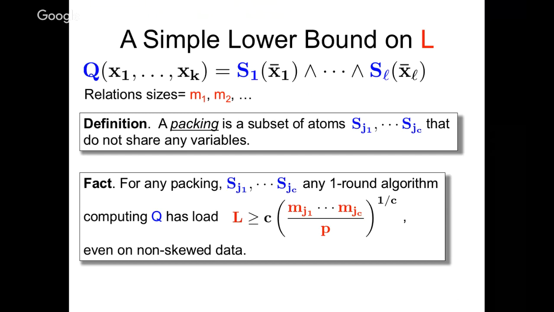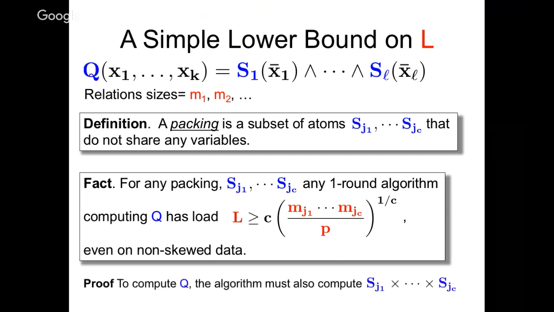It's very easy to see why, because you only have one round. The one round here is really critical. The servers that hold the values in the atoms and relations given in this packing don't know about the other relations.